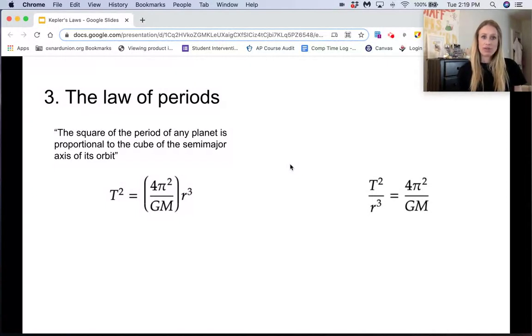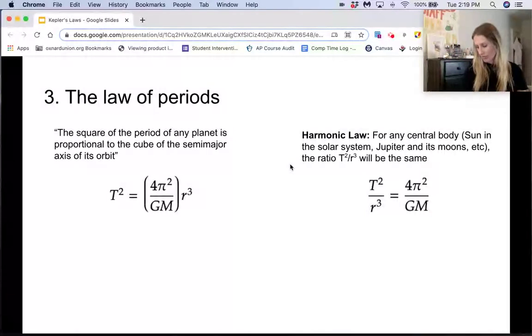And then also when we divided both sides by r cubed, what we got was period squared over r cubed is equal to 4 pi squared over big G, our constant, times M, the mass of the sun. Now, this is the reason that we call this third law the harmonic law.